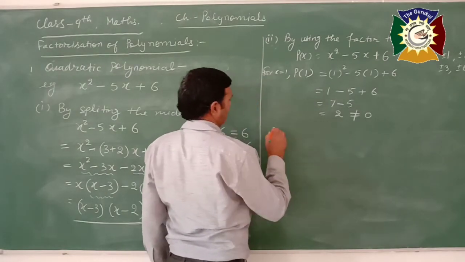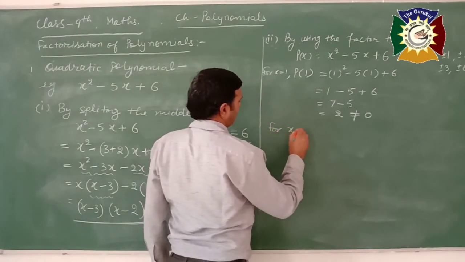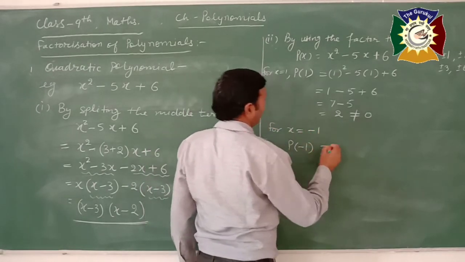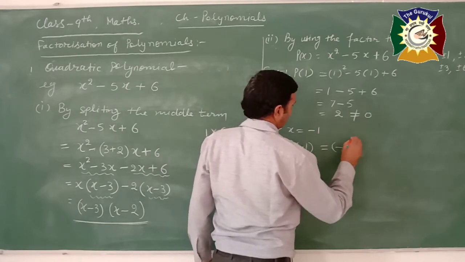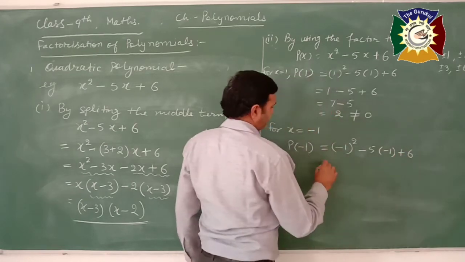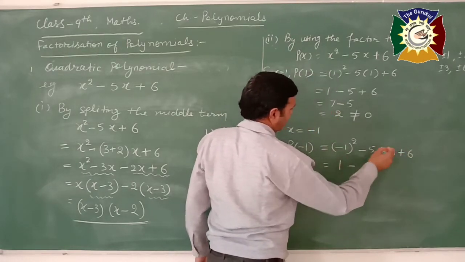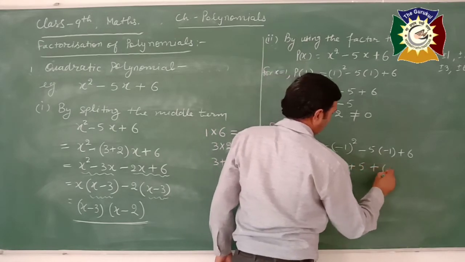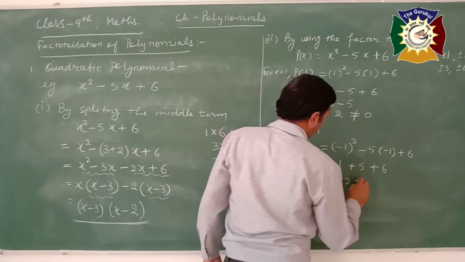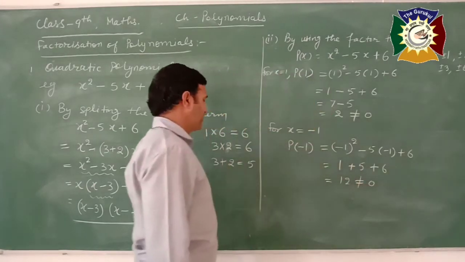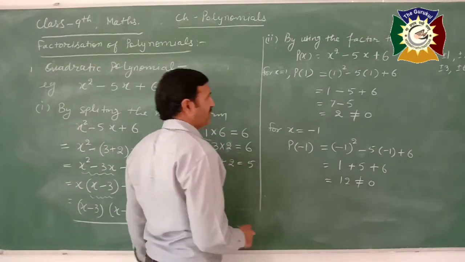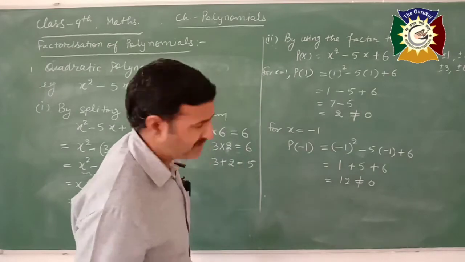Again, use x is equal to minus 1. We will check p of minus 1: minus 1 square minus 5 into minus 1 plus 6, plus 1 plus 5 plus 6, 12. This is not equal to 0. So we can say x plus 1 is not a factor of this polynomial.